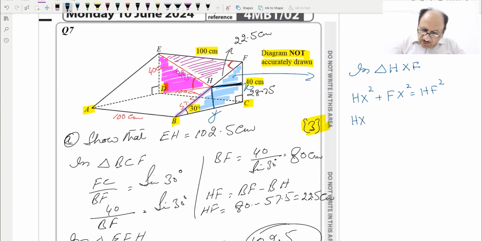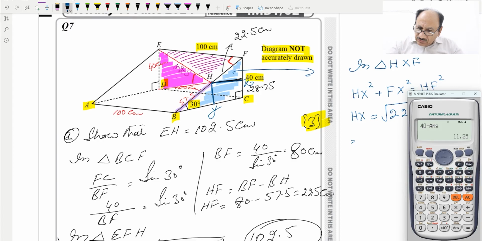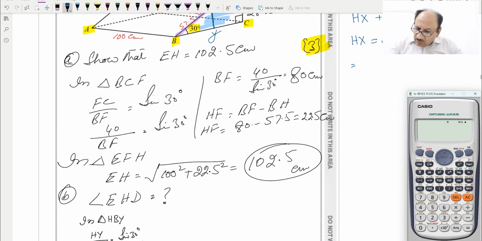We are targeting the hx value, which is equal to the square root of hf square, which is 22.5 square, minus 11.25 square, and we can find this with the help of a calculator.